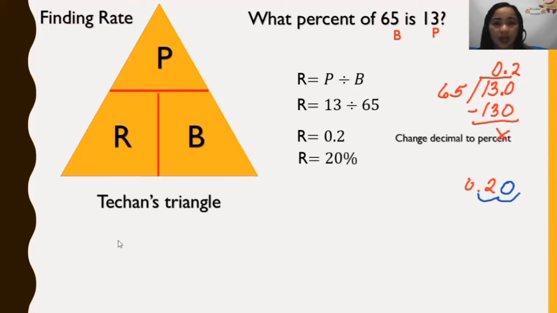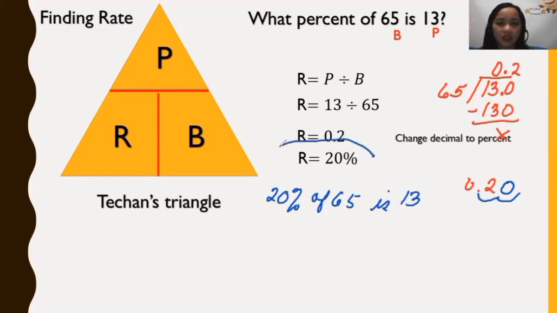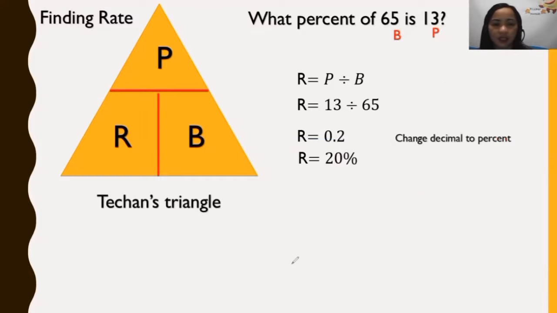Therefore, we could say that 20% of 65 is 13. So what percent of 65 is 13? That is 20%. So this is the answer for this given.